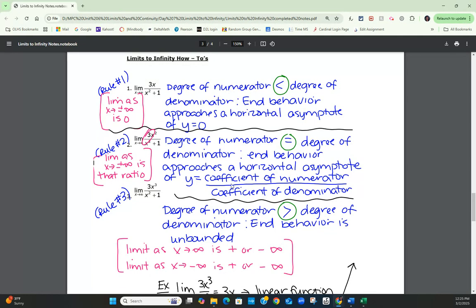So you take the coefficient of the numerator divided by the coefficient of the denominator. That will be where that horizontal asymptote exists, and that will also give you your limit to either positive infinity or negative infinity for that function. So for this one, I would say the limit as x approaches infinity for this function equals 3. The limit as x approaches negative infinity for this function equals negative 3.